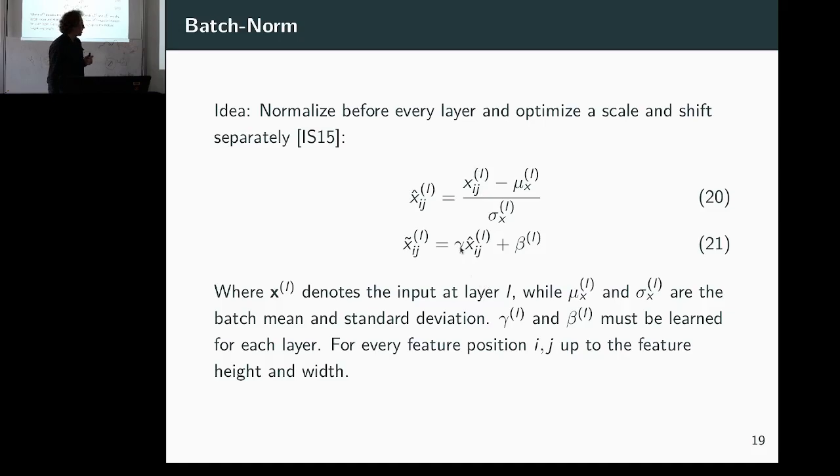So this, gamma and beta, they are optimized to be able to rescale the data, but in an explicit fashion. This is something that you'll see often in modern networks. And I think the key idea is to take what worked well for the inputs, standardization, and apply it within the network everywhere.